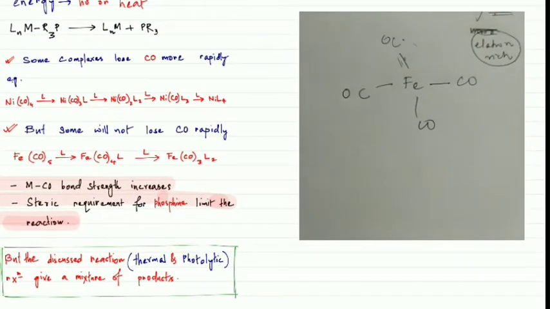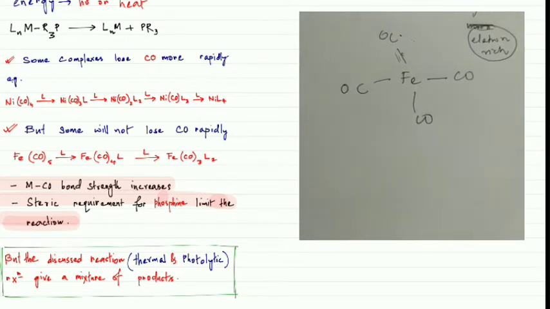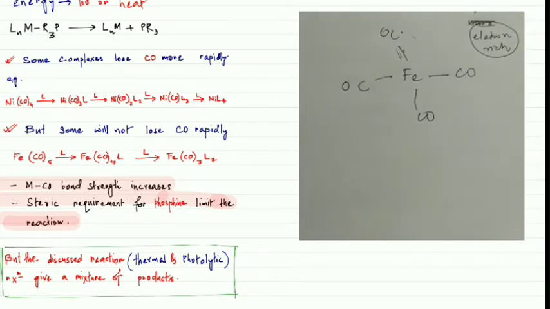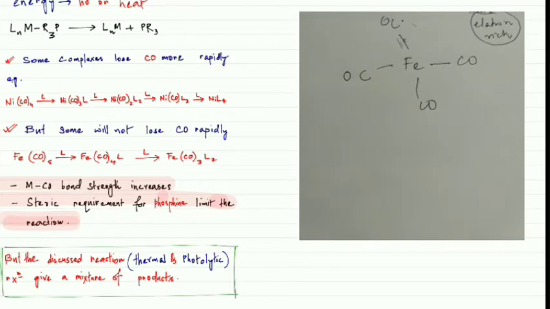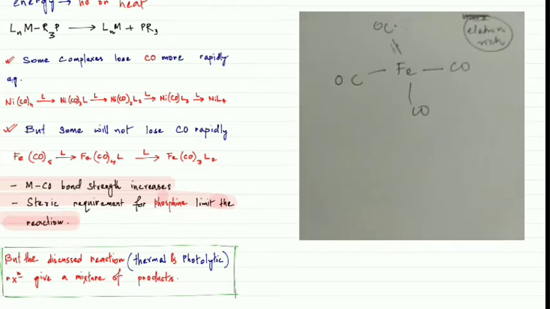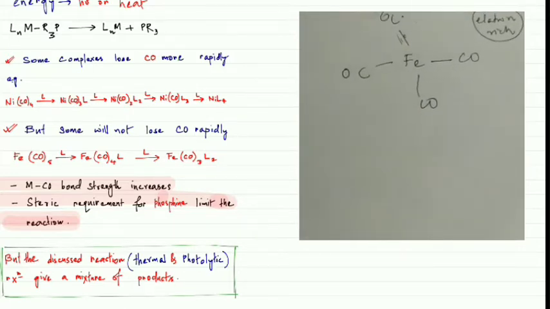So some disadvantages are there. What is the disadvantage? The first disadvantage is that they give side products. Side product means some extra additional product which we don't want. So the efficiency of that reaction will not be good.